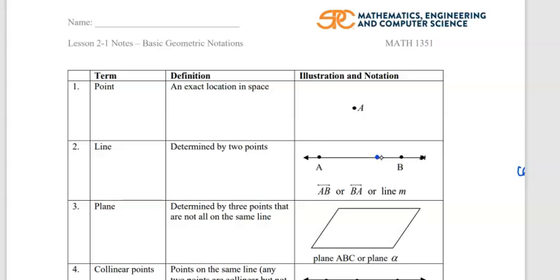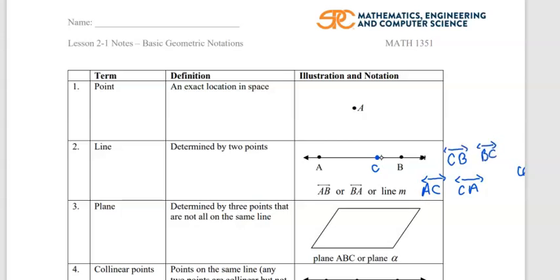Okay, so let's say I added a point here and I called it point C. Now I could also name this line. I could call it a C with that line symbol on the top, or I could call it CA. That would be the same exact line, or I could even call it line CB or BC.